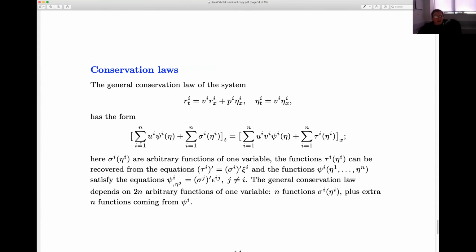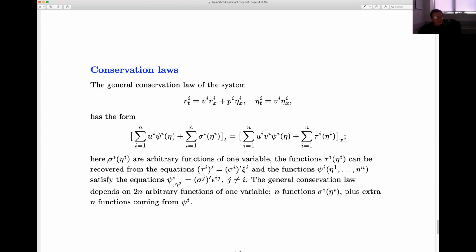And these conservation laws, they also depend on arbitrary functions, but they're slightly different. They're not mu i's and eta i's as before. These are just different functions: sigma i of eta i and tau i of eta i.